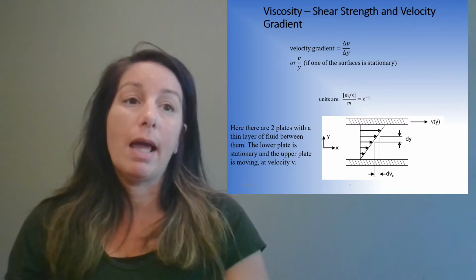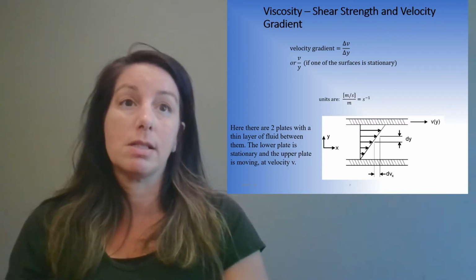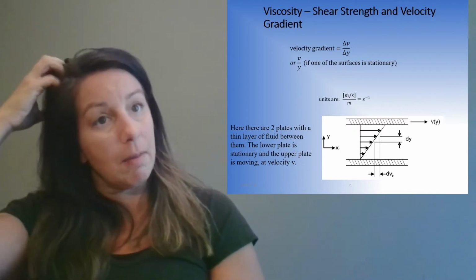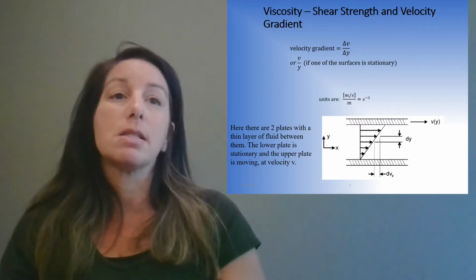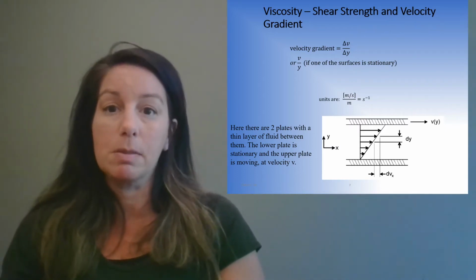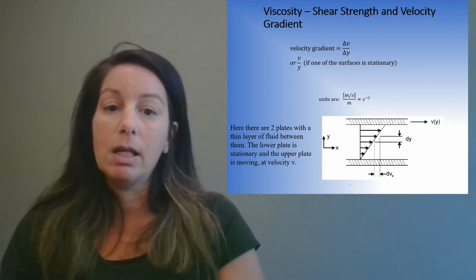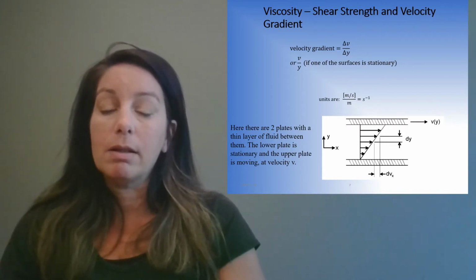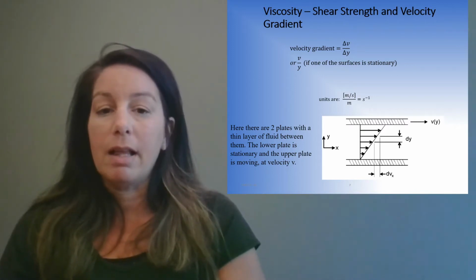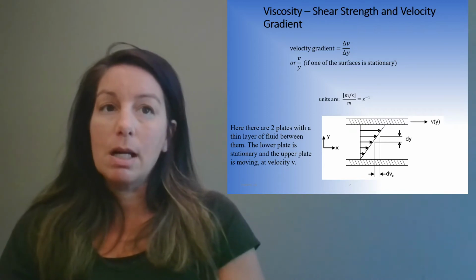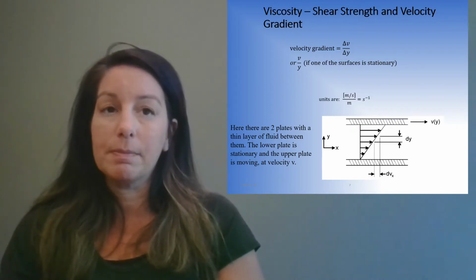There might be a case in which you're having both surfaces move. Can't think of one right now, but it might come up. So these units are, so the velocity is meters per second. The distance from the stationary boundary is in length, so we've got length per time over length, so it just comes in per time. It's just a quirk of how these come up.